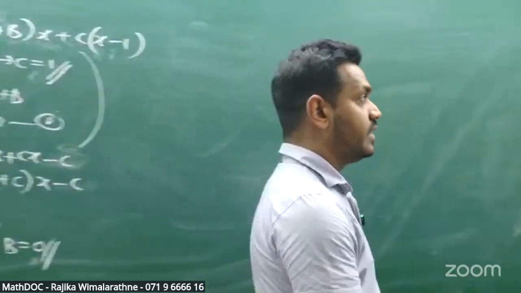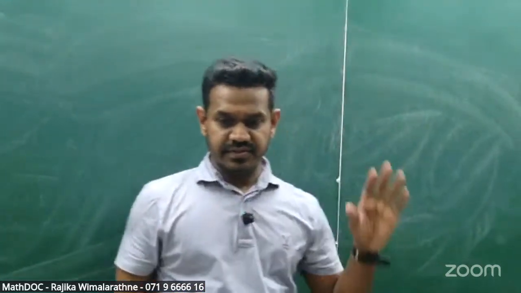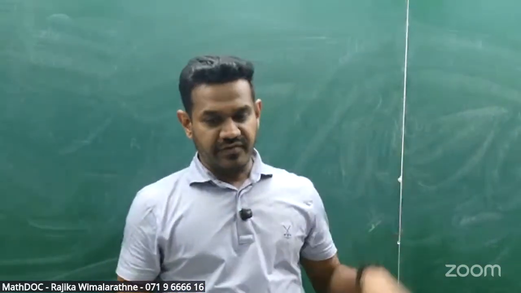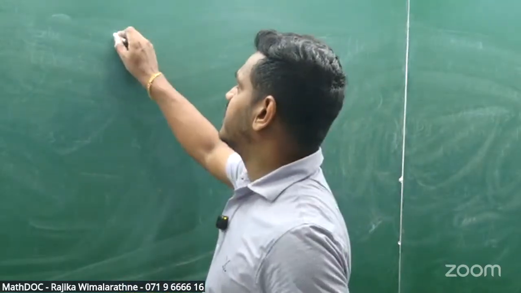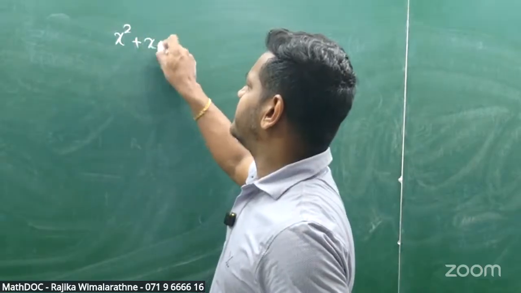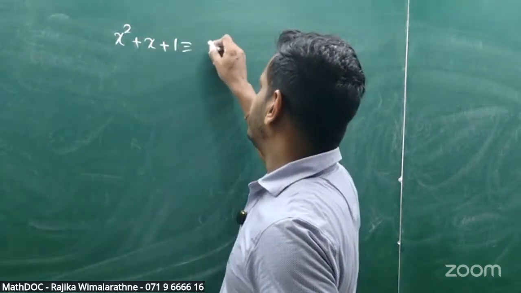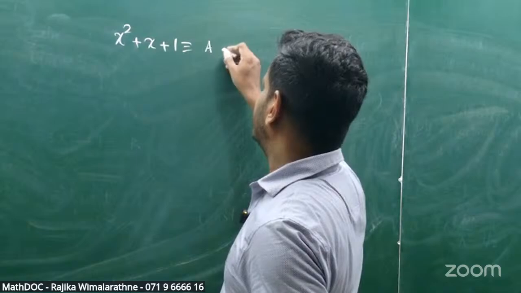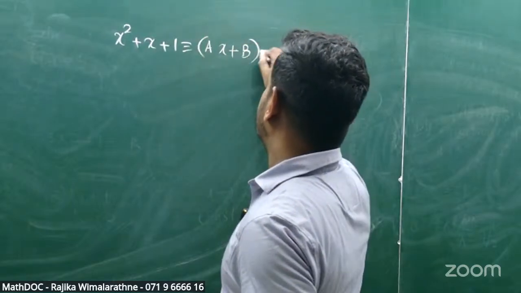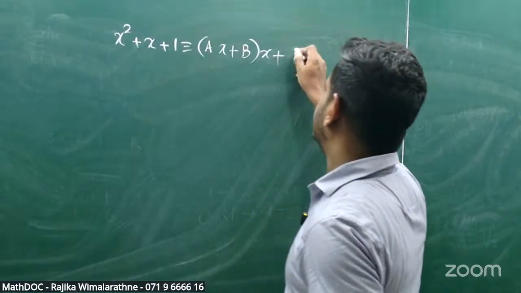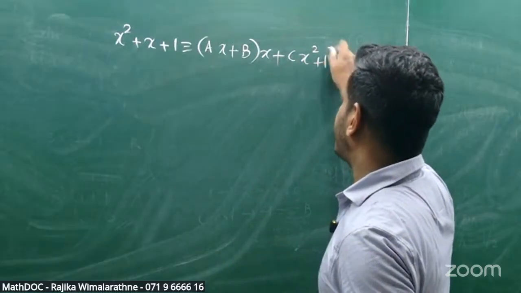Now see another example. If you have any doubt, let me know. Do it with me: x squared plus x plus 1, with a times ax plus b times x, and c times x squared plus 1.